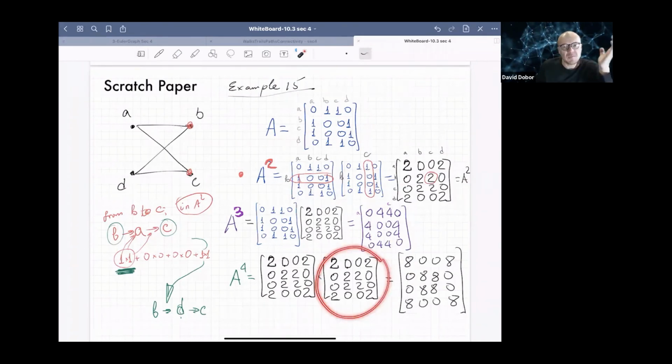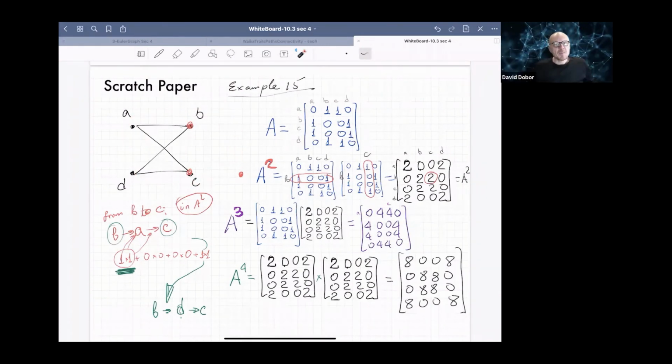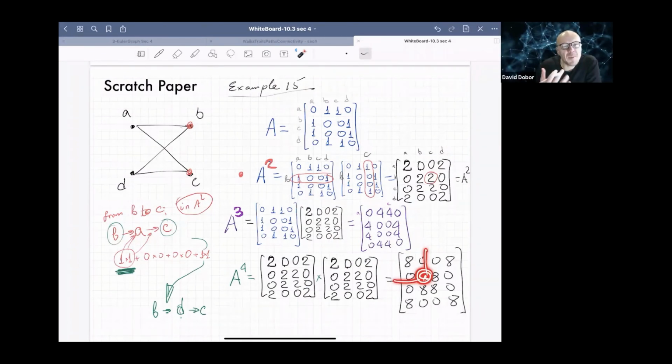So with a 4 by 4 matrix, A to the 15th is some 4 by 4 matrix. By the way, it's a good idea to predict what happens to this matrix as you continue squaring it. There's a nice pattern that emerges, and that has to do with the structure of the graph. That's a separate issue. But if you take this matrix to the 15th power, you'll get the numbers of paths of length 15 from any vertex to any vertex.